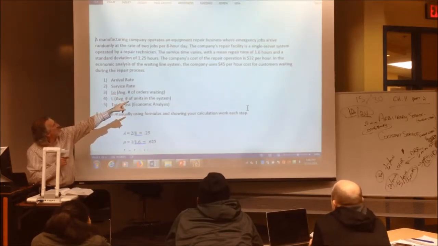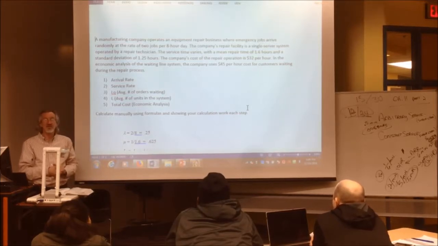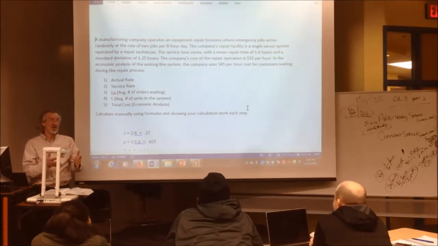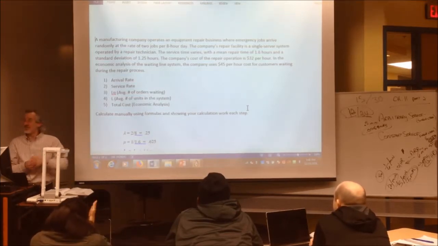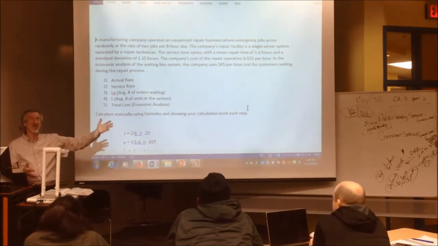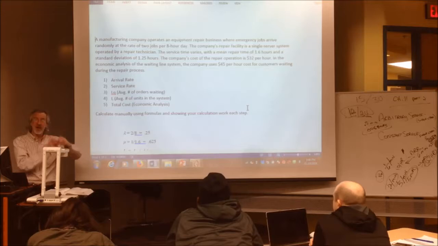The next sentence says the mean repair time is 1.6 hours and a standard deviation of 1.25 hours. So if you leave arrivals at 2 per 8 hours, and service gets converted to how many per 8 hours, that standard deviation needs to be in units of 8 hours, not the amount of an hour.